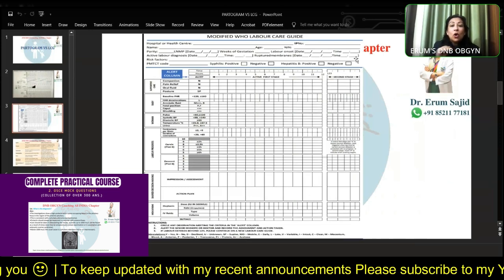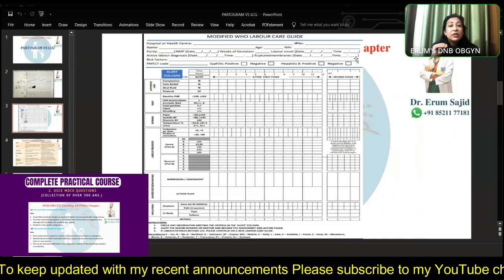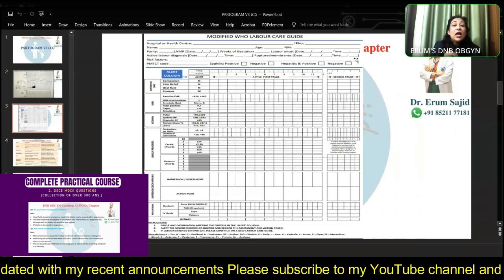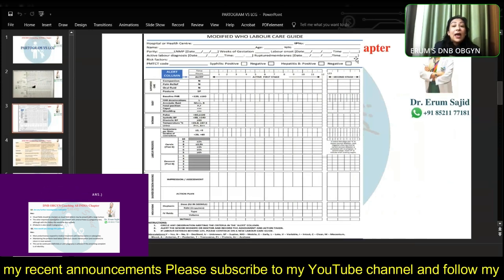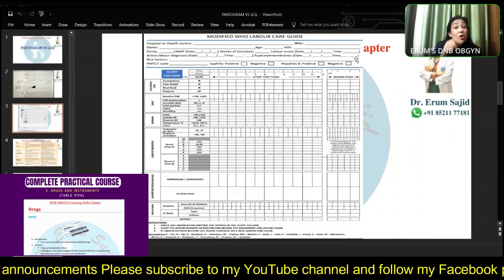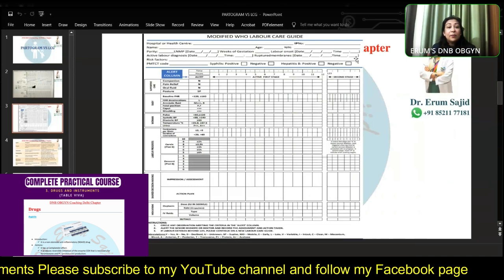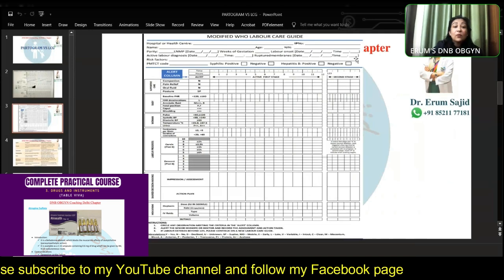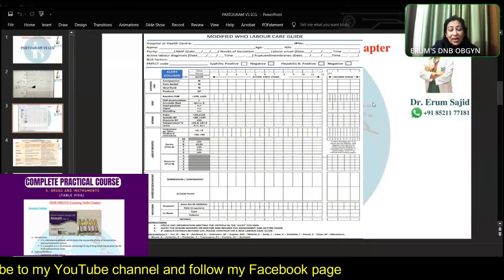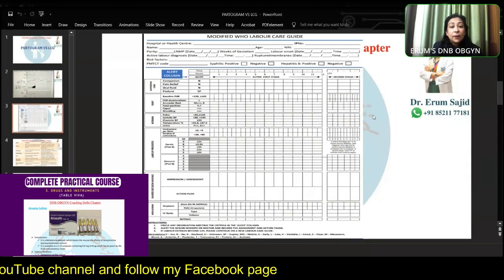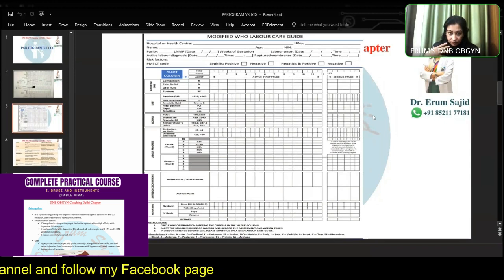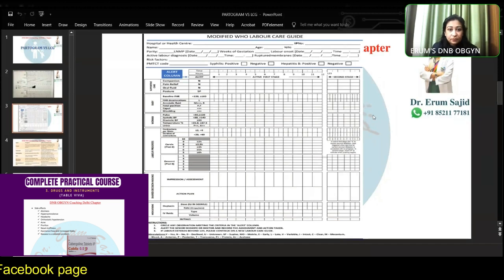She's what gravida, what para, when was she admitted, with what problems was she admitted, when did she go into active labor, and when did she come over here, labor onset what time, active labor what time, rupture of membranes at what time, what are the high risk factors.